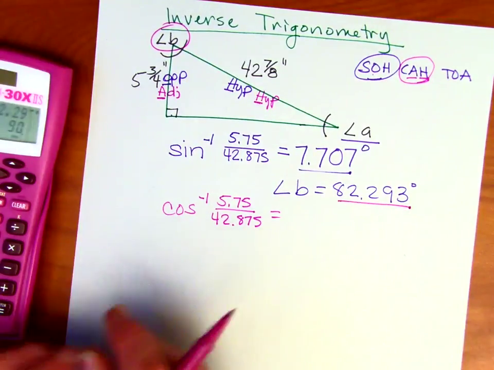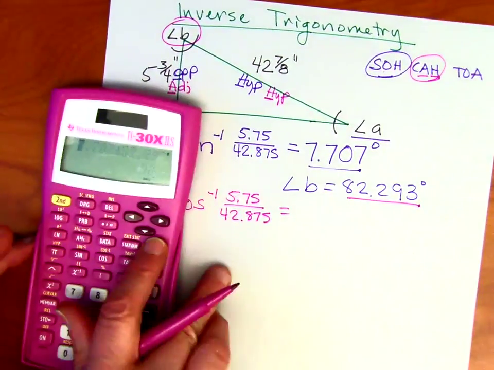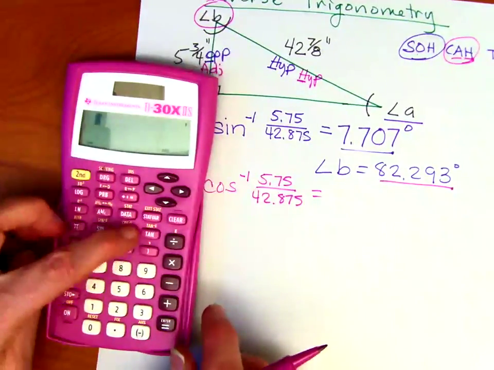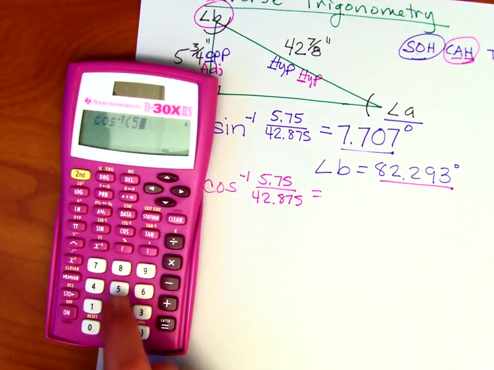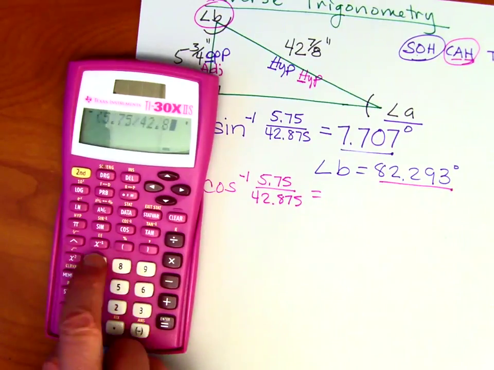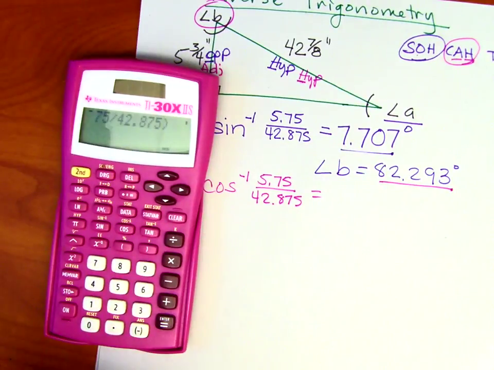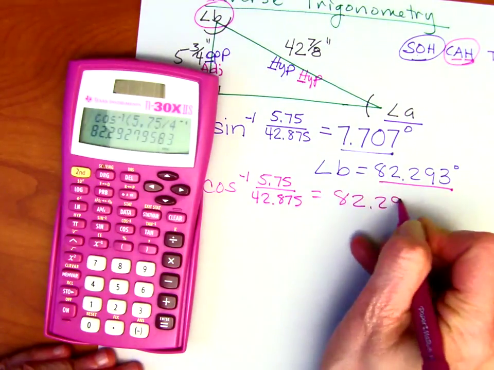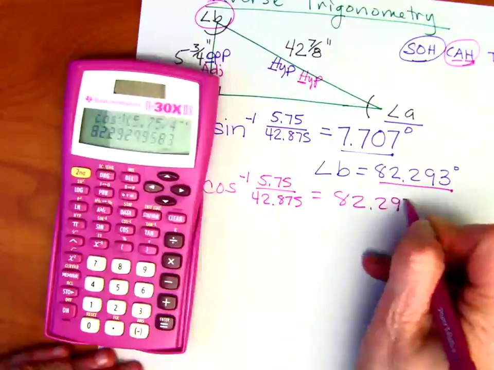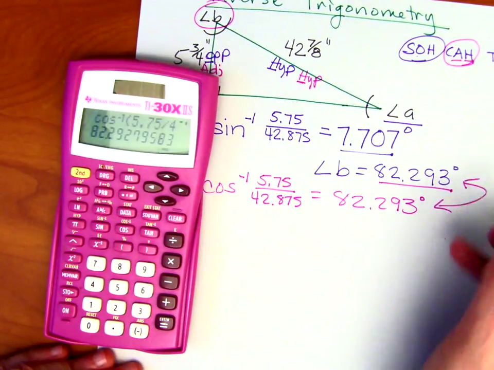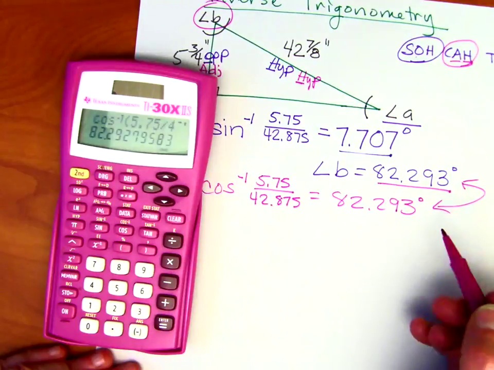So let's go ahead and plug this into our calculator. We're going to go second cosine 5.75 divided by 42.875, and we get 82.2927, so I'm going to round that to 3 decimal places. Notice that it is in fact the same as when we did our little trick.